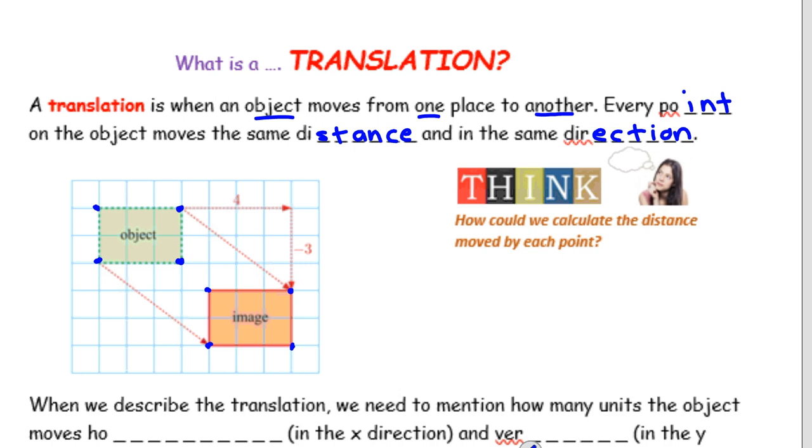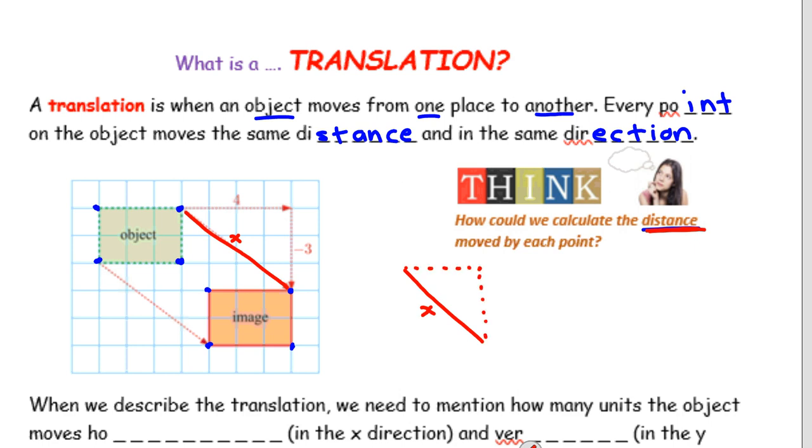So try to think, how could we calculate the distance moved by each point? I'll just point out what I mean. Like this length here, the distance moved by each point in red. So imagine if that was x. We could set it up like this. That's our x.